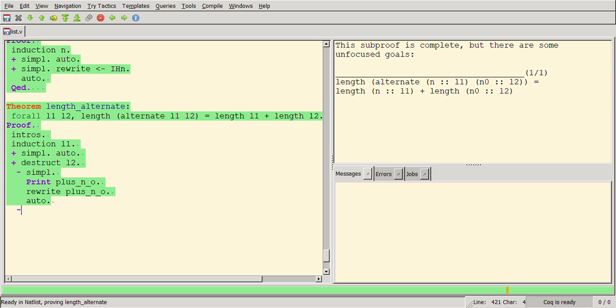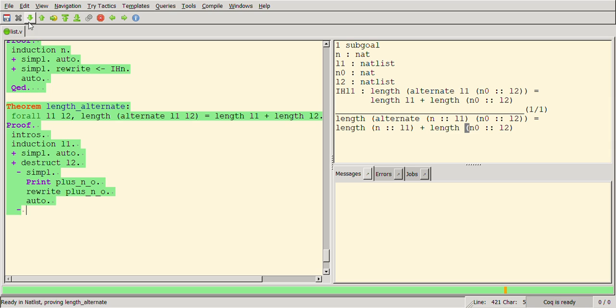And with this we can now focus on the second subgoal. In this subgoal we got two subgoals using destruct L2, and we are now in the second subgoal. We can simplify it if we do not see how to rewrite or apply any existing lemma or theorem.